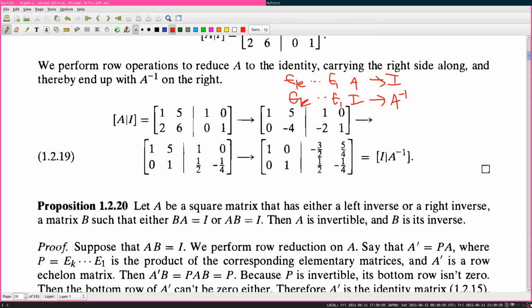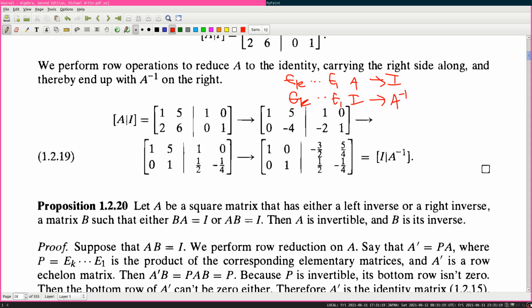Yes. Let A be a square matrix that has either a left inverse or a right inverse. That's the definition of inverse. Why is that a proposition? This is what is annoying when going through the basics of mathematics, the definitions and theorems. The theorems are so obvious, they're almost the same as the definitions.